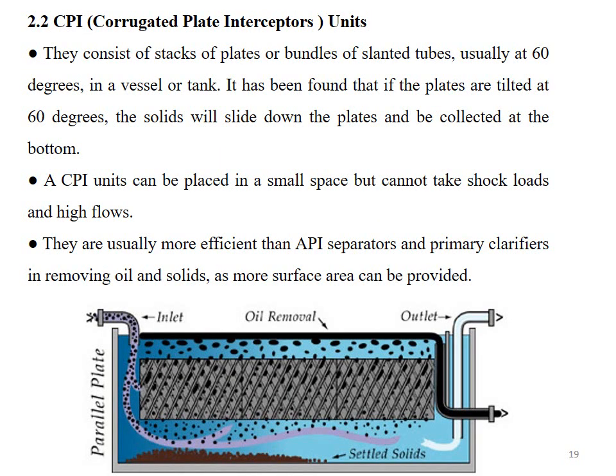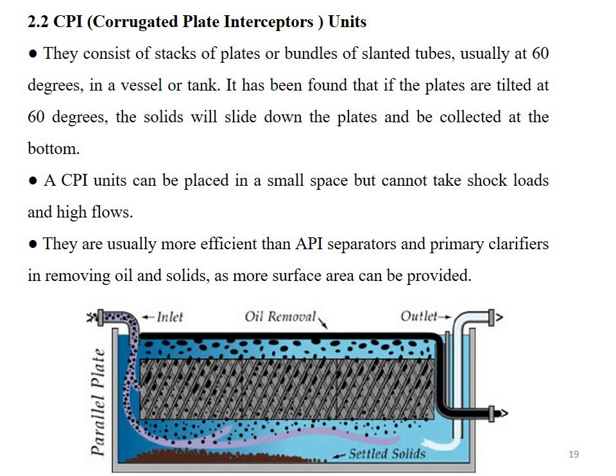The second type of separators are CPI separators, or these are also named as corrugated plate interceptors. They consist of stacks of plates or bundles of slanted tubes which are usually at 60 degrees in a vessel or a tank.